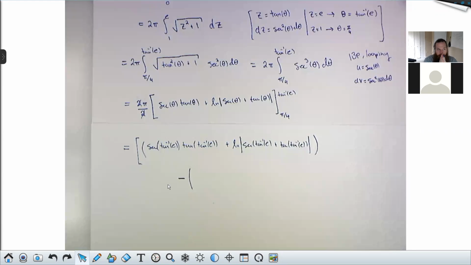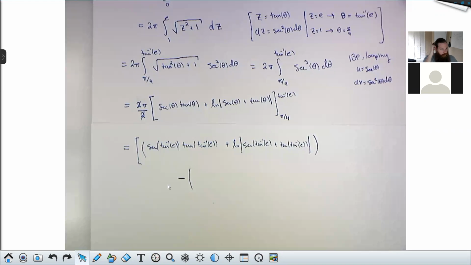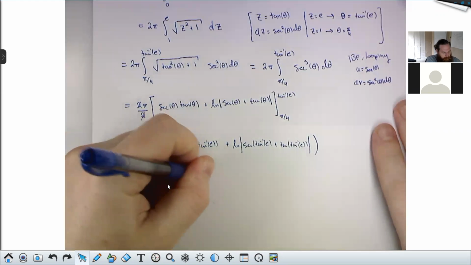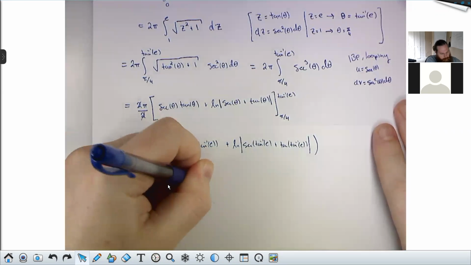What's the cosine of pi over 4? Yeah, good. The cosine of pi over 4 is root 2 over 2. So the secant of pi over 4 is 2 over the square root of 2, which is just the square root of 2. I'll write it like this for now, but I think it's worthwhile to get into your brain.